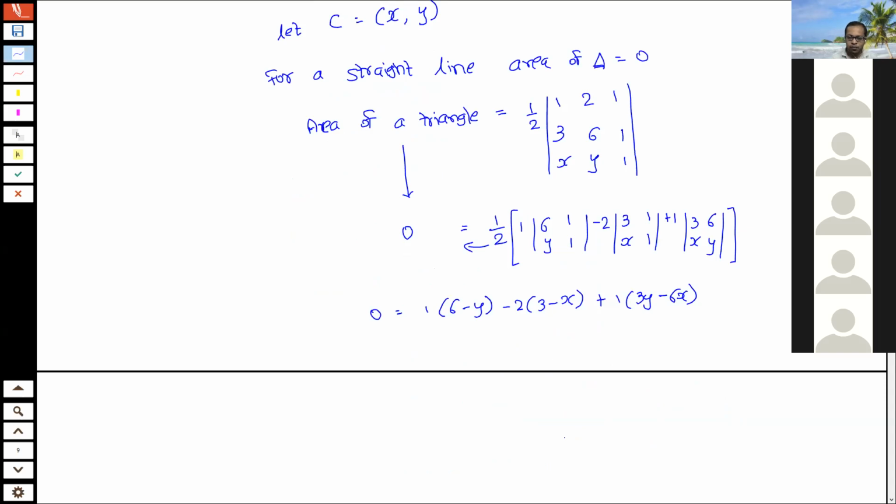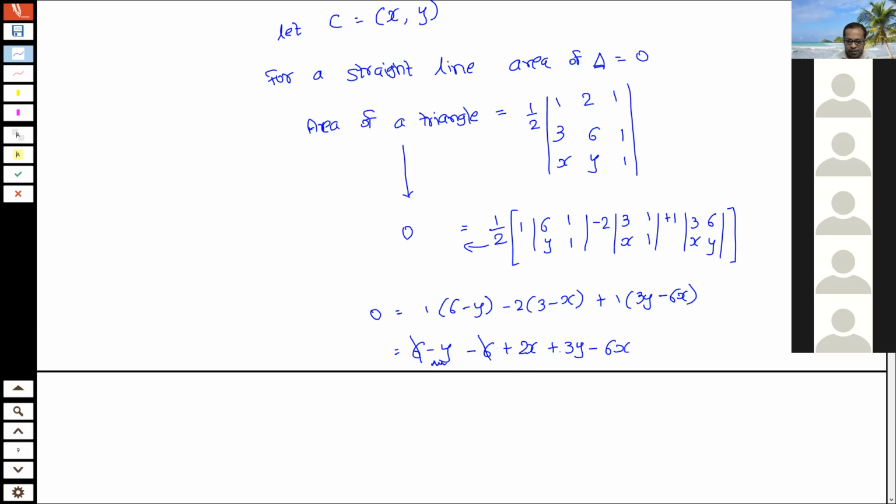Now we need to expand. 6 minus y minus 6 plus 2x plus 3y minus 6x. So is there any cancellations? 6 minus 6 will get cancelled.